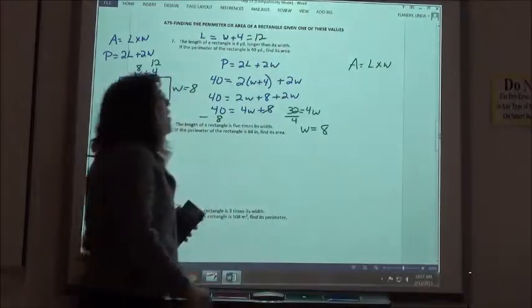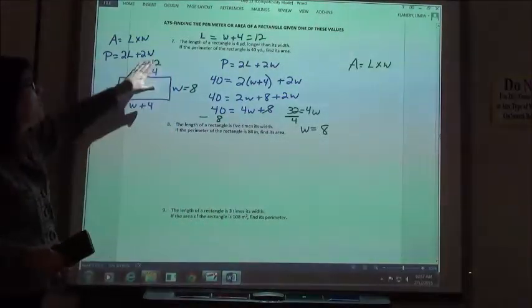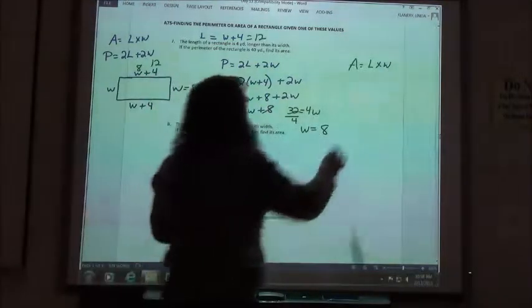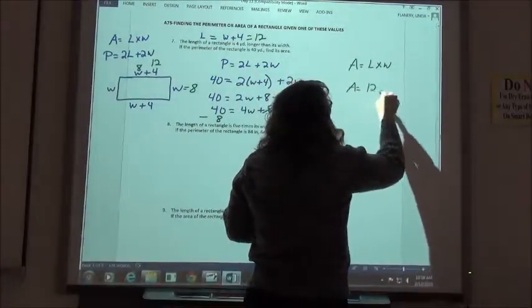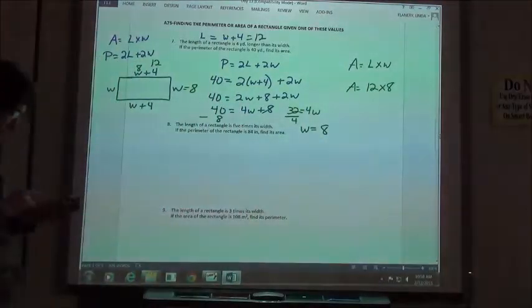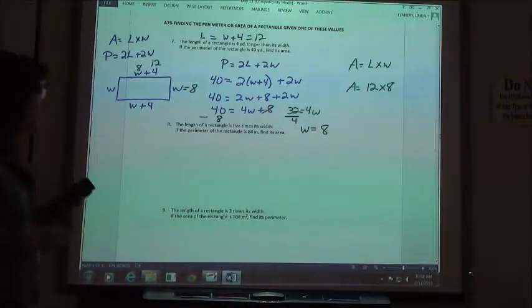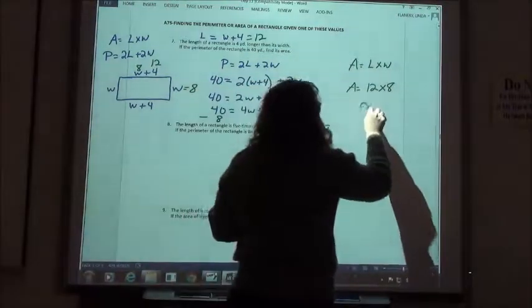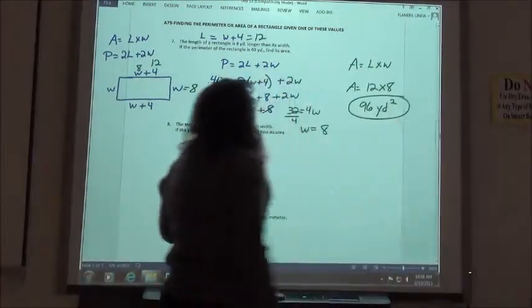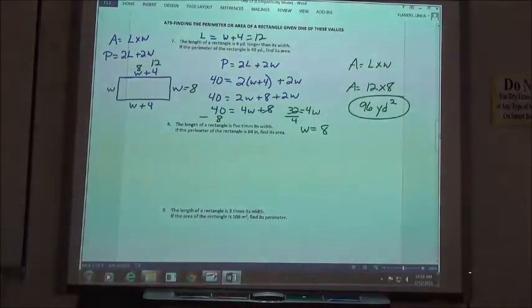My length is going to be 12. Once I know both the length and the width, now I can find the area. The area is going to be 12 times 8, the length times the width. 12 times 8 is 96. It's an area, so we're in square units, so 96 yards squared.